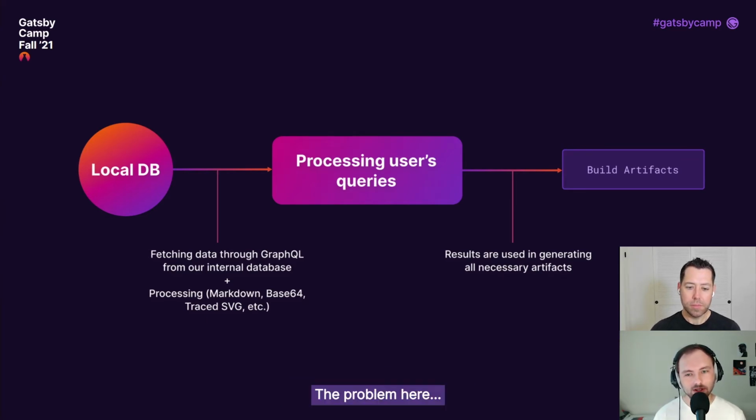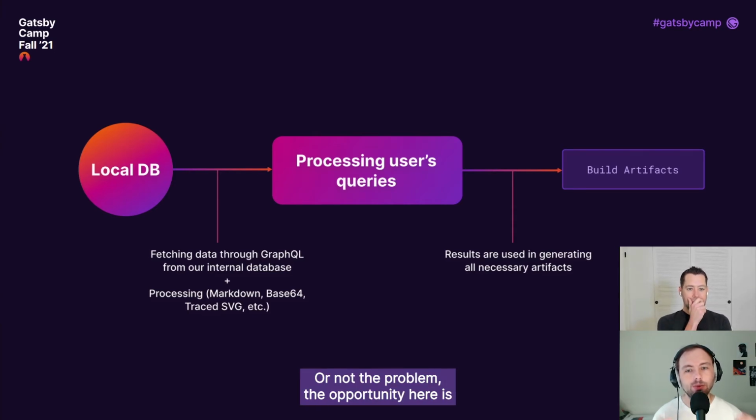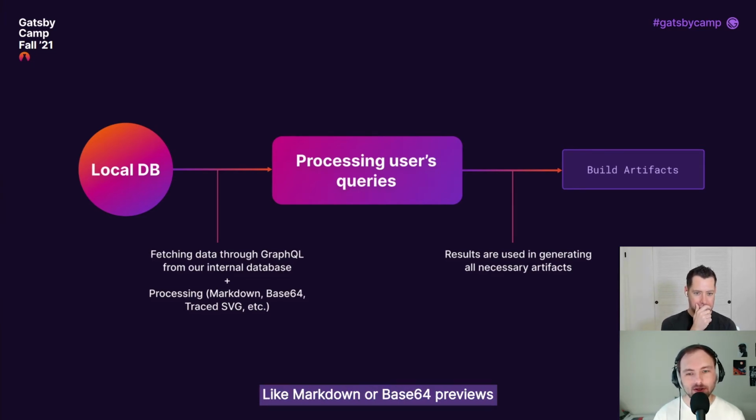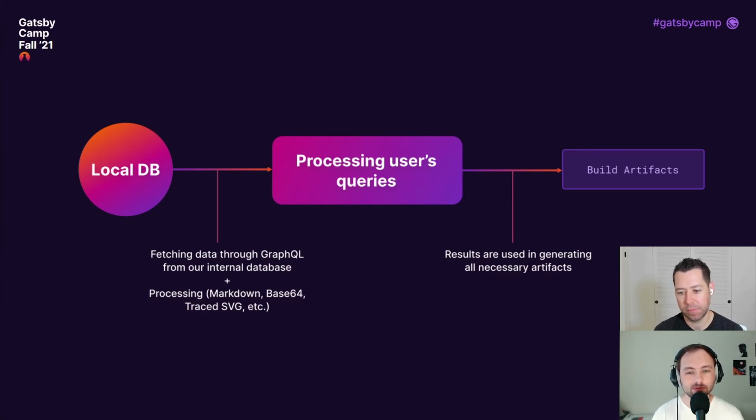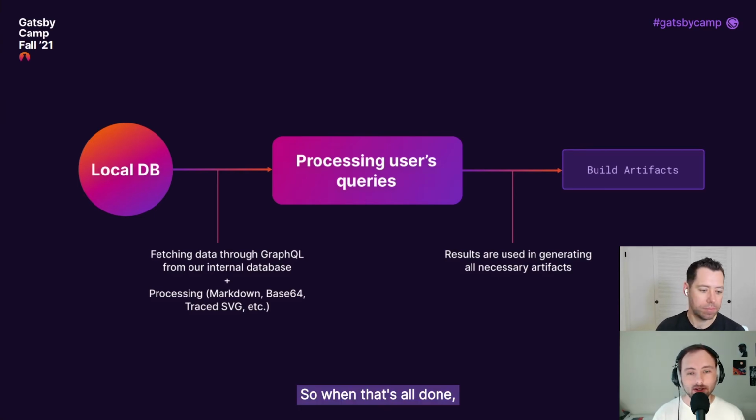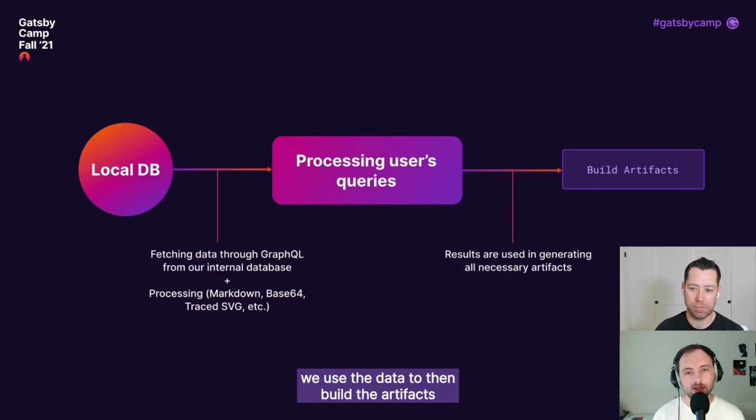The opportunity here is that we also have to process a lot of things, like Markdown or base64 previews for those fancy placeholder images, and those can be really CPU intensive. When that's all done, we use the data to build the artifacts that you get out of your Gatsby site and eventually upload to your site.